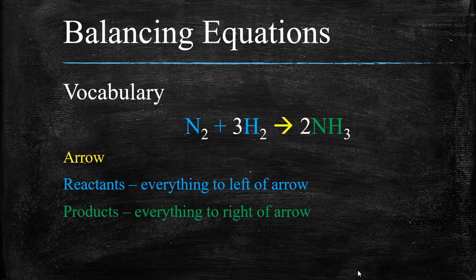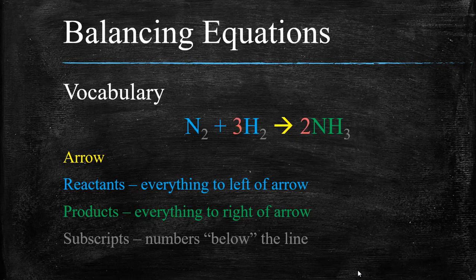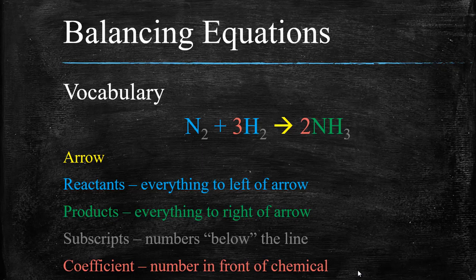Everything to the right of the arrow is a product. Next we go with gray, and those numbers below the line are called subscripts. And lastly we have the pink, and those are the numbers in front of some of the chemicals, and those are called coefficients. So we have reactants, products, subscripts, and coefficients.